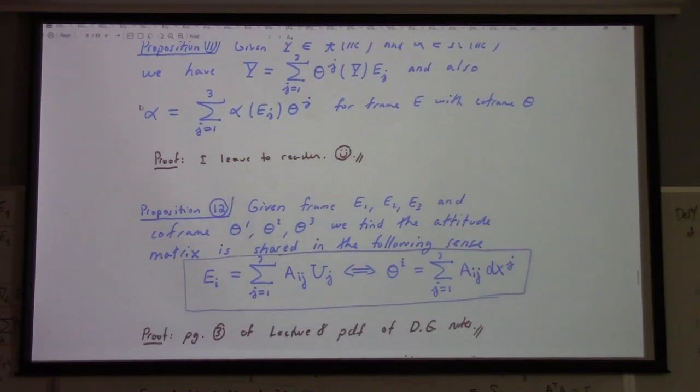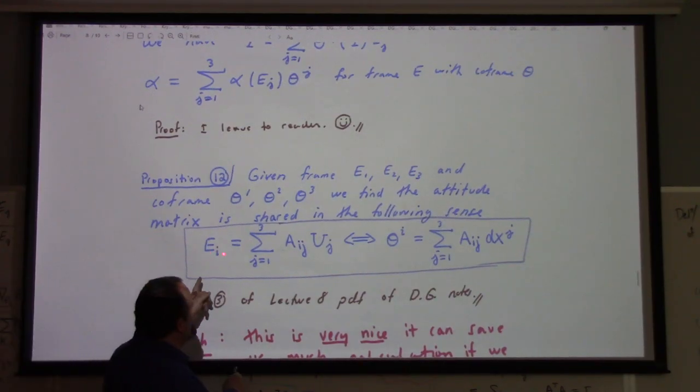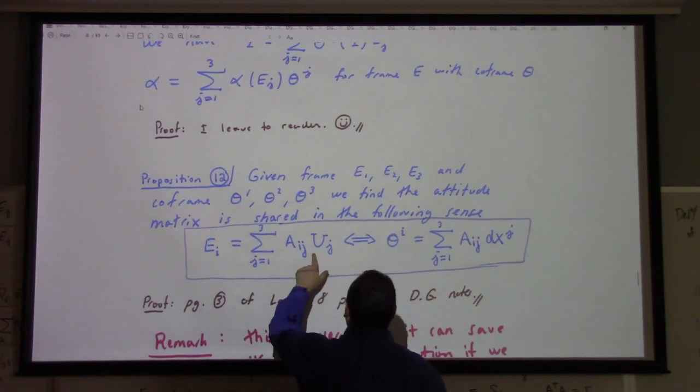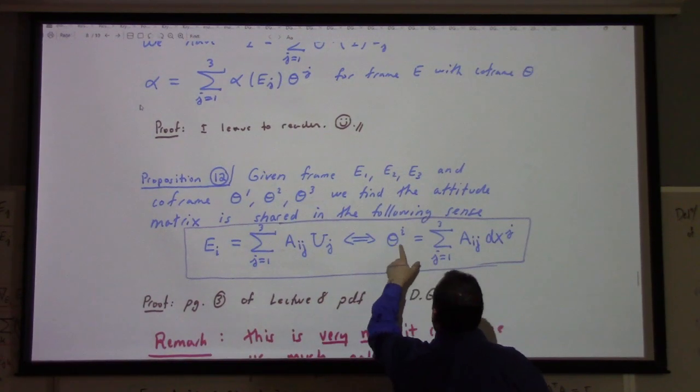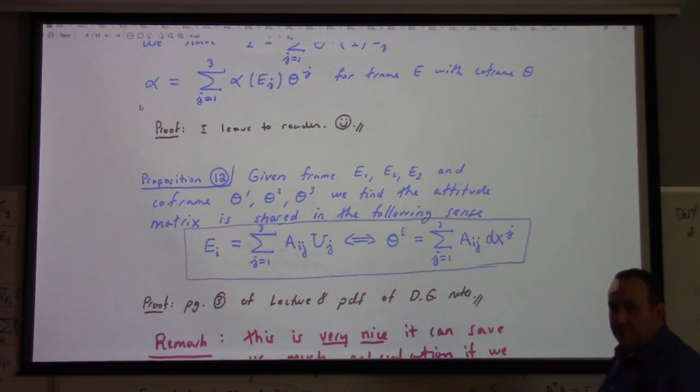Left to the reader. What's perhaps interesting, though, is that if you have the attitude matrix to relate the Cartesian frame to the E frame, the same attitude matrix relates the coframe to the Cartesian coframe.